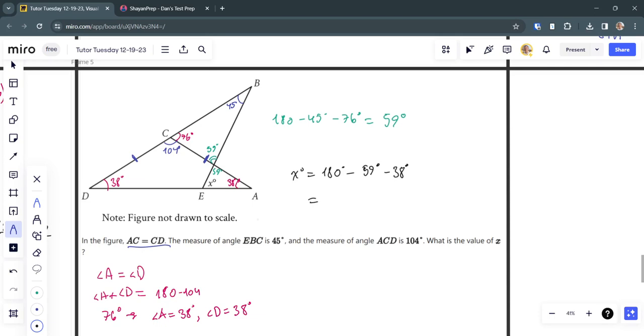So 180 minus 59 is like 180 minus 60, 120, but plus 1. So 121 minus 38 is like minus 40, 81, plus 2 is 83. Yeah, so it should be 83 degrees for x.